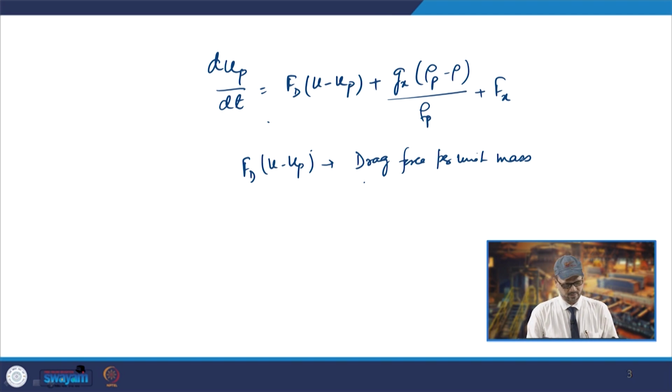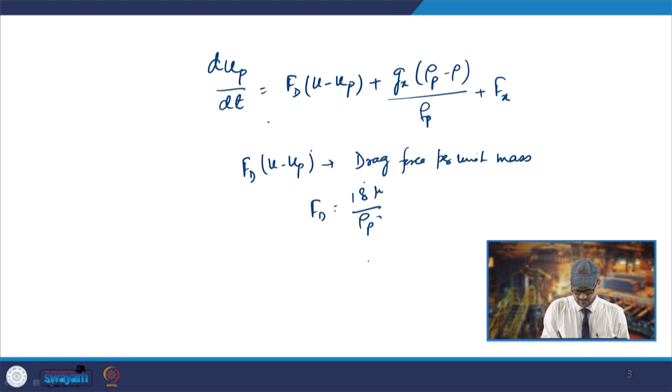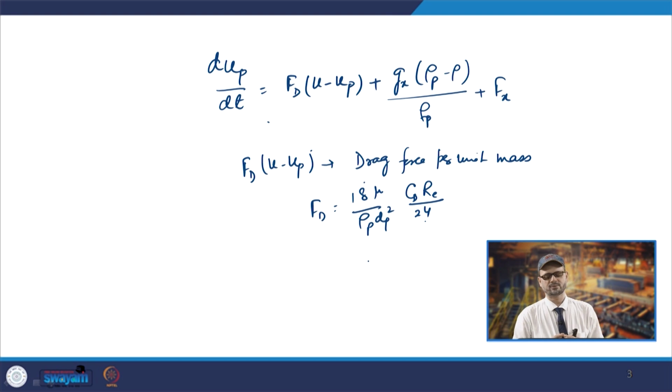And that is defined as 18 mu by rho p dp square, and then you have CD Re divided by 24. In this case rho p is the density of the particle, dp is the diameter of the particle, and Re is the Reynolds number.